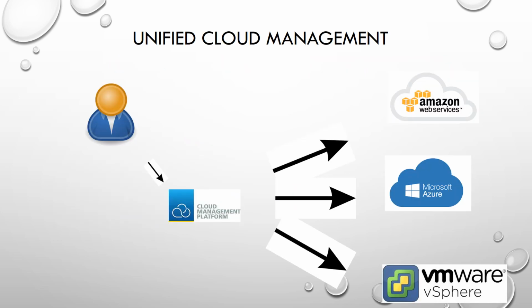Third point we have in benefits associated with vRealize automation is unified cloud management, which you probably should already have an idea about from our time spent on understanding the CMP layer. That is, vRA provides a single centralized portal to manage all your virtual machines across all platforms and vendors.